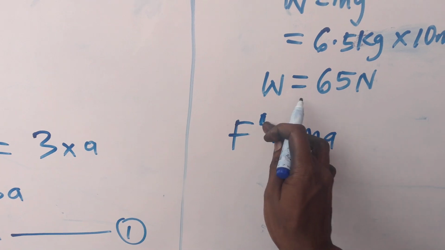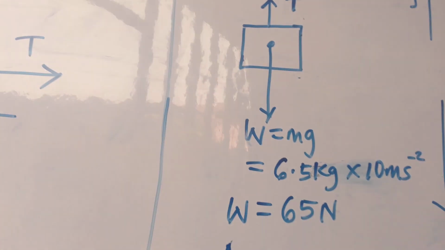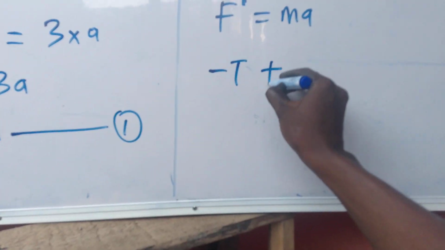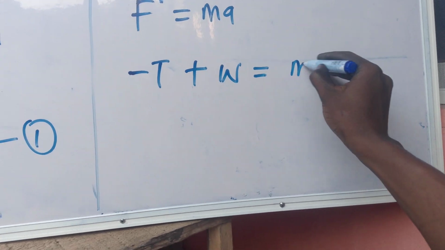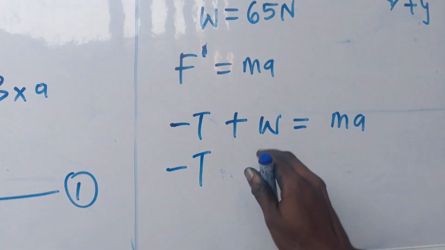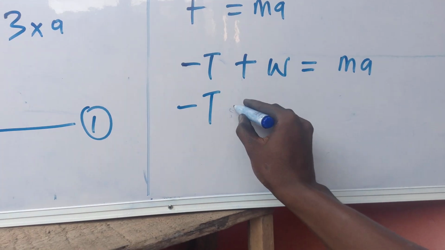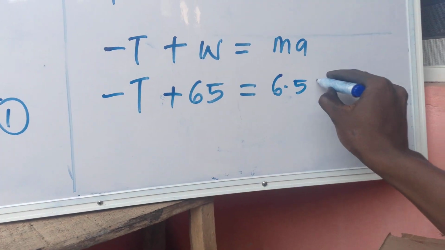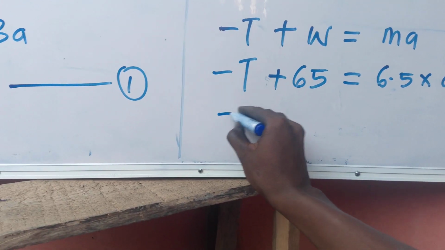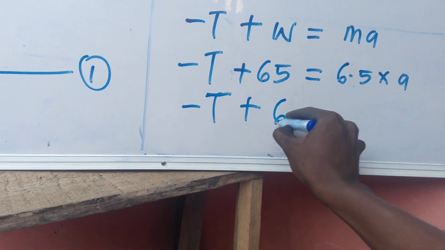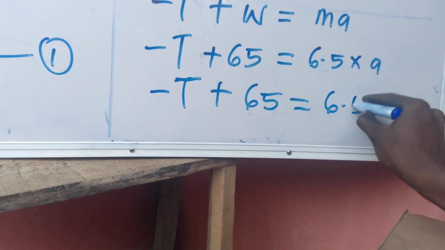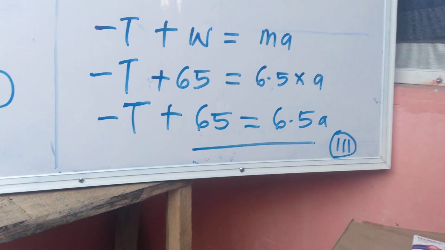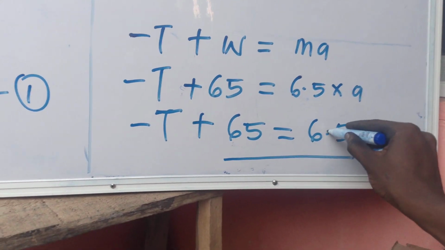So that will give me minus T plus W is equal to ma, that is minus T plus 65 is equal to the mass of the block, 6.5, times a. This will give me minus T plus 65 is equal to 6.5a, which I can call equation 3.